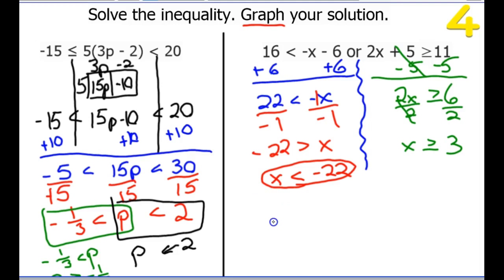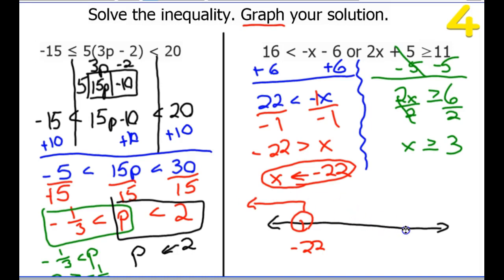So if we draw our number line to graph this, our lesser number is negative 22, and that's an open circle. So an open circle at negative 22. Our arrow then is pointing to the left, so we draw an arrow to the left.